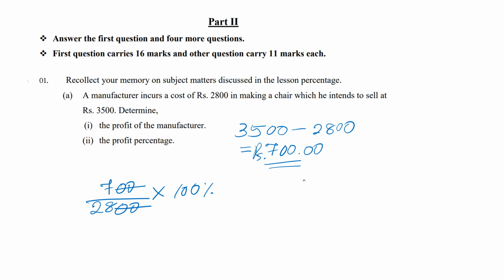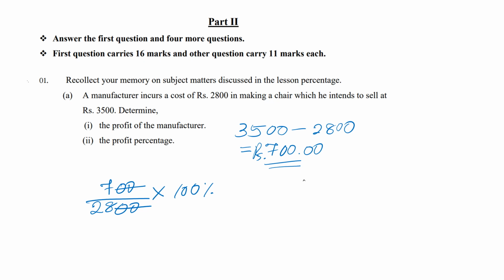Actually, you have to understand what cancel out means. Cancel out means we divide both the denominator and the numerator by the same number, 100.